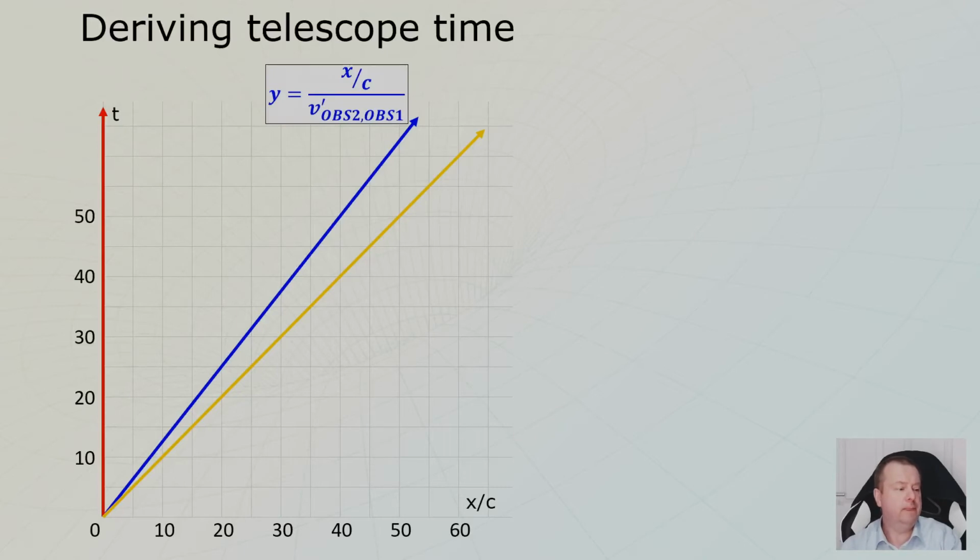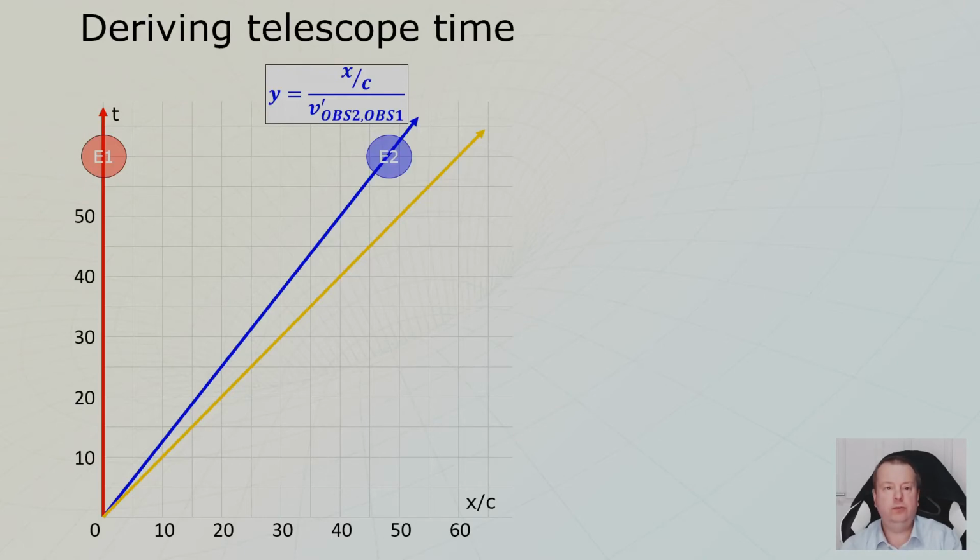And you can write down that the equation for this blue line is the one you see here, right? And in this case, V prime is 0.8. Event number 1: the person in the house looking in his telescope at t is 60 at the clock in the house.